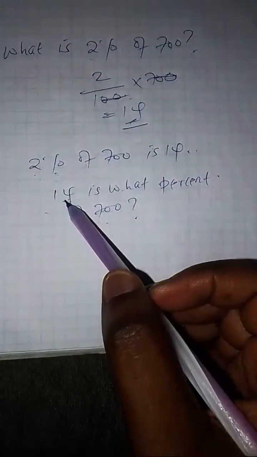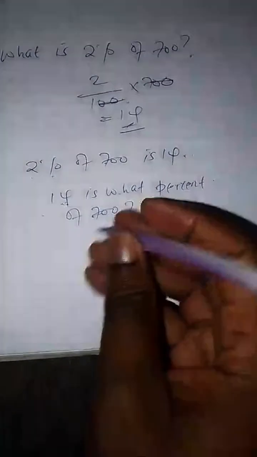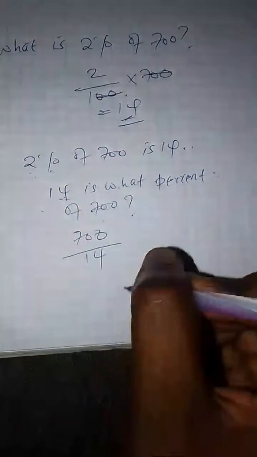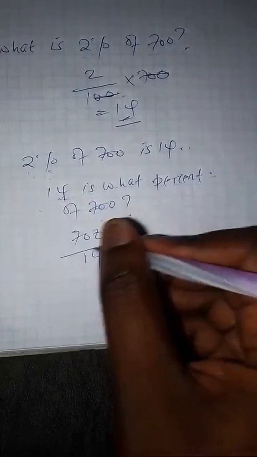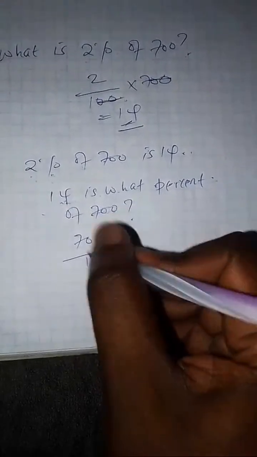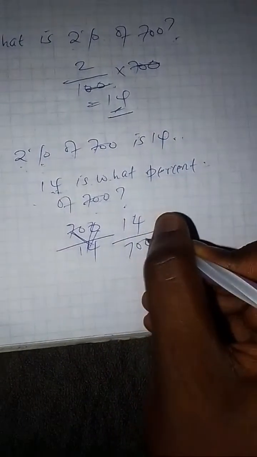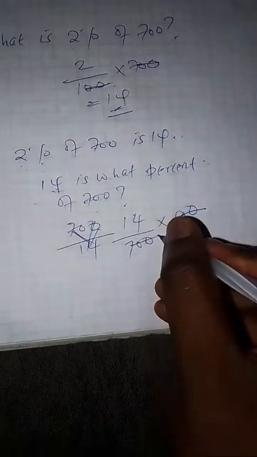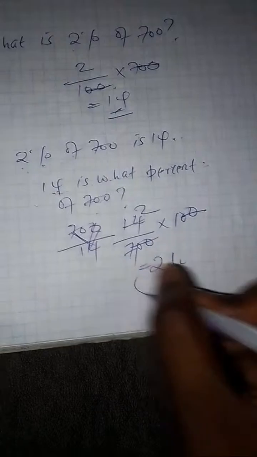So here we shall have 14 out of 700 multiplied by 100. So 0 cancels 0, 7 into 14 is 2. So the answer is still 2%.